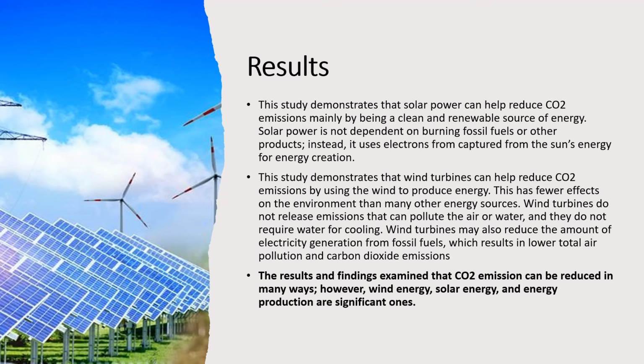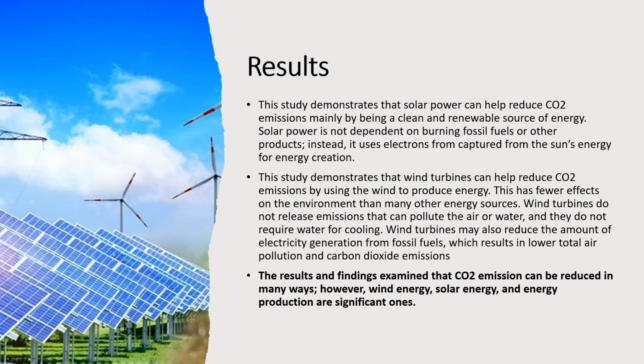And then this study also demonstrates that wind turbines can reduce CO2 emissions by using the wind to produce energy, which has fewer effects on the environment than many of the other energy sources. Wind turbines do not release emissions that can pollute the air or the water, and they do not require water for cooling.